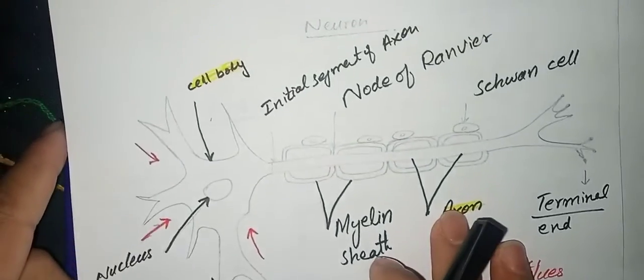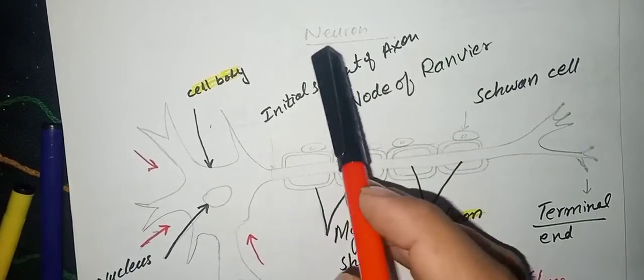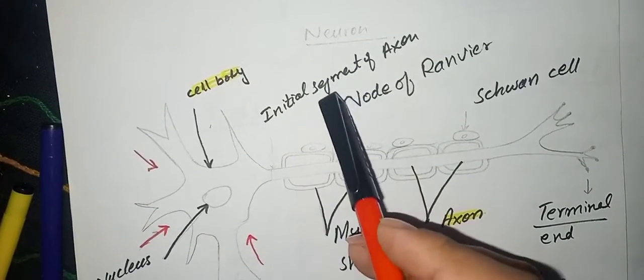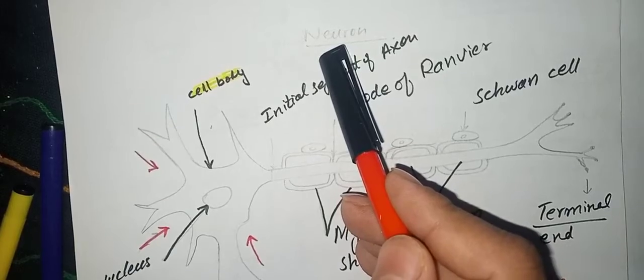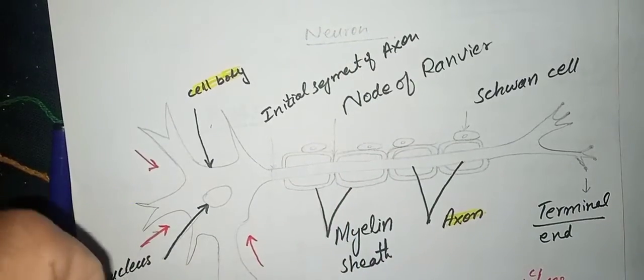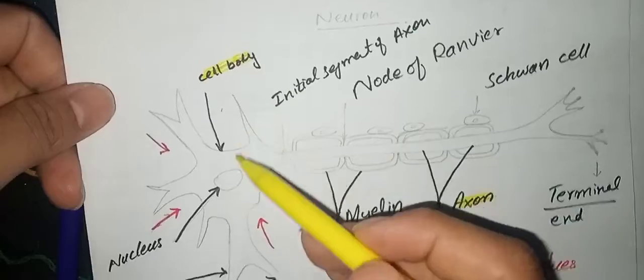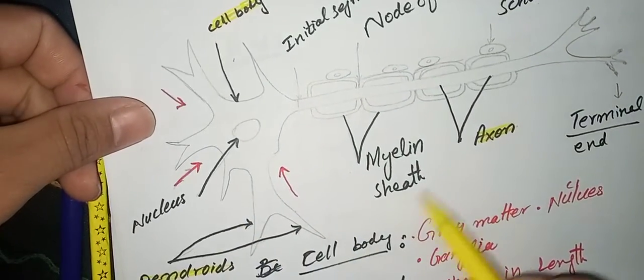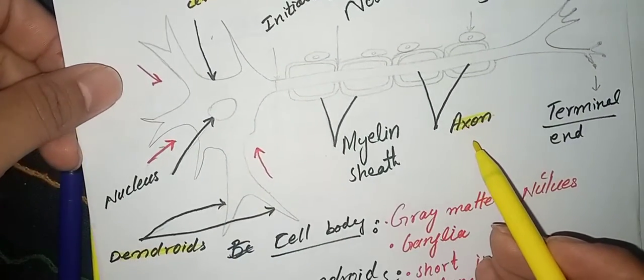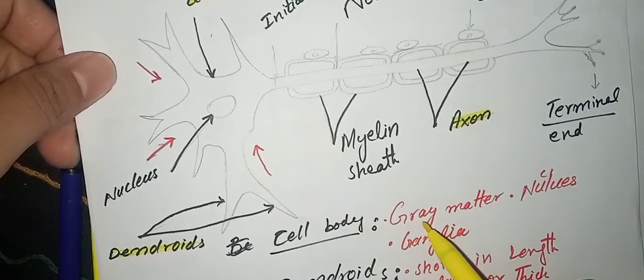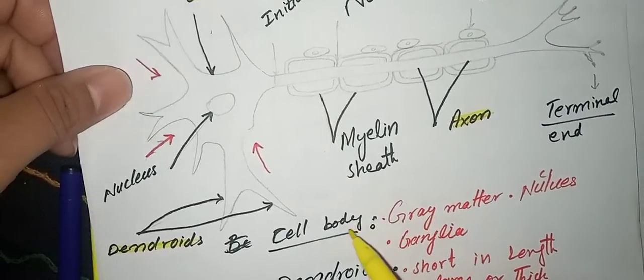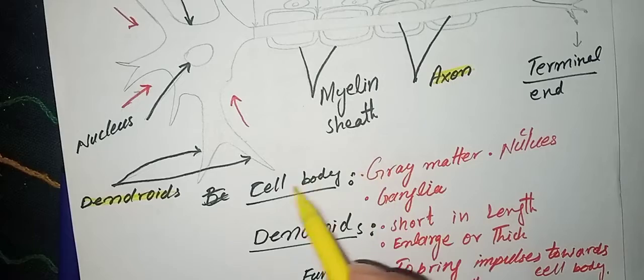Let me explain again. I talked about the neuron. A neuron is a cell that is found in our nervous system. A neuron consists of three parts. The first is the cell body, the second is dendrites, the third is the axon. I also explained their locations and their contents.